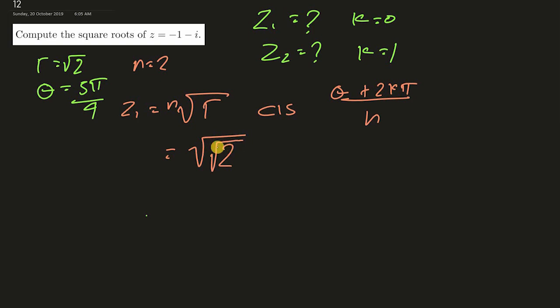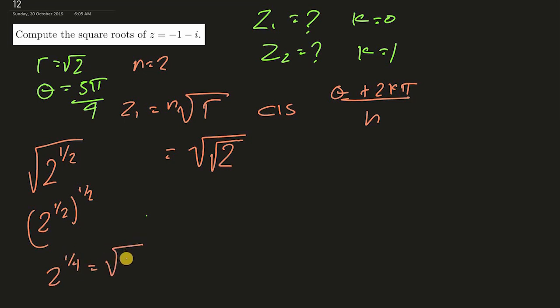Sorry guys. We can simplify this further. Since square root of 2 is 2 raised to 1 half, tapos in-square root pa natin yan, so that's 2 raised to 1 half raised to 1 half. Multiplying that, 1 half times 1 half is 2 raised to 1 fourth. I think that's much better, para mas simpler.